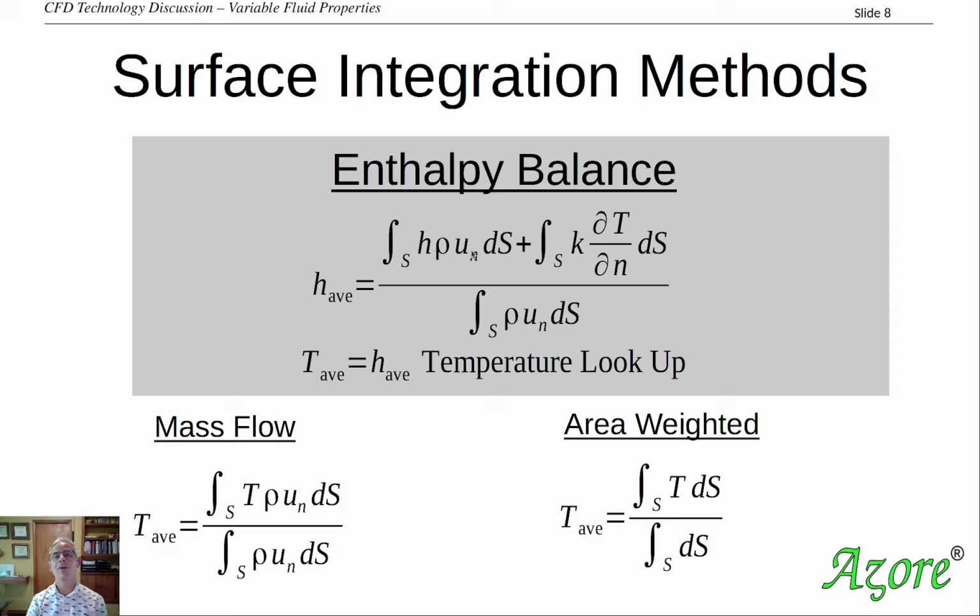But in general, for our CFD calculations, there's also another mode of heat transfer through a surface, and that's conduction. We can characterize that heat flux by looking at the temperature gradient across our surface. This term right here is the delta T normal to the surface, and we multiply it by the thermal conductivity, which would be the effective thermal conductivity due to turbulence.